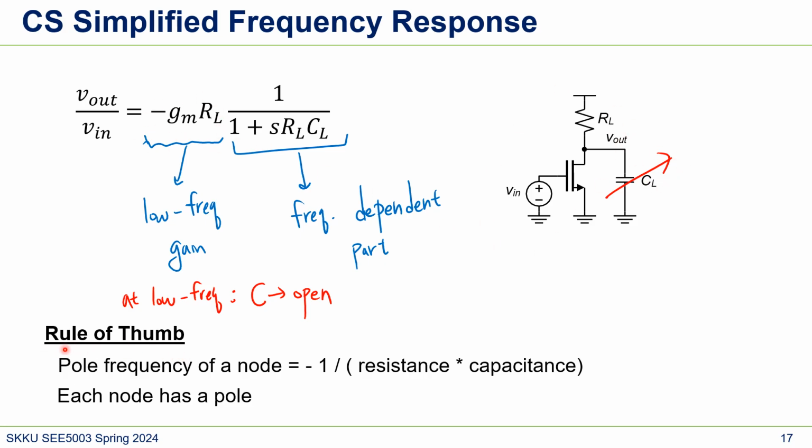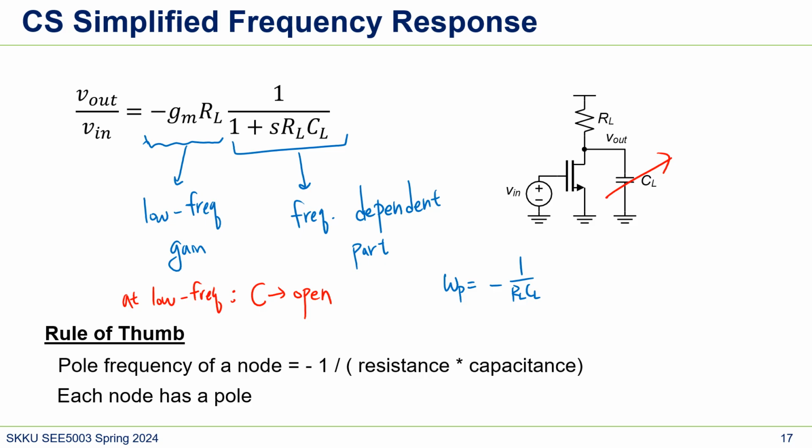And here's the rule of thumb. What is the pole? The pole is minus 1 over RL CL. In Razavi's notation it's plus, but it's okay, just use either.